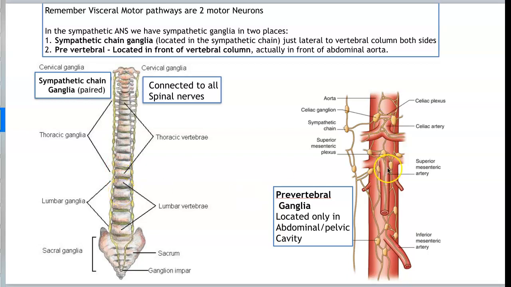So here we have the abdominal aorta, and all these little spots, these clusters, are prevertebral ganglia. This is a nice sympathetic chain ganglia on the sides. It looks like a little chain. These are not paired. They are just little clusters of ganglia, located right in front of the abdominal aorta.